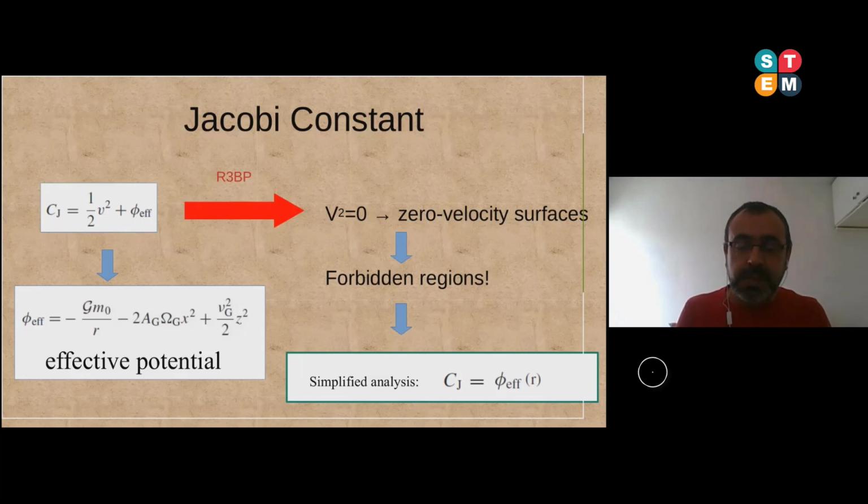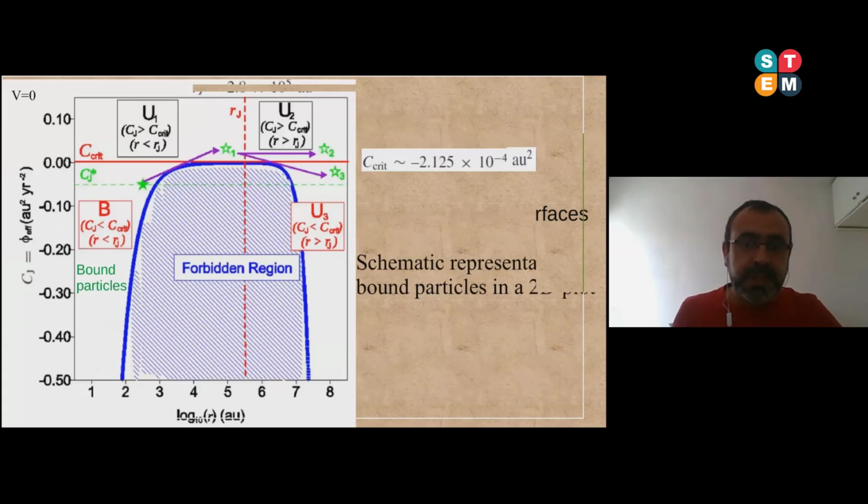These forbidden regions are very important because they allow us to define limits for the motion of the particles. So we make a simplified analysis and consider the dependence of the Jacobi constant only on the heliocentric distance r. We represent this in a two-dimensional plot where the heliocentric distance is on the x-axis in logarithmic scale, and the Jacobi constant is on the y-axis.